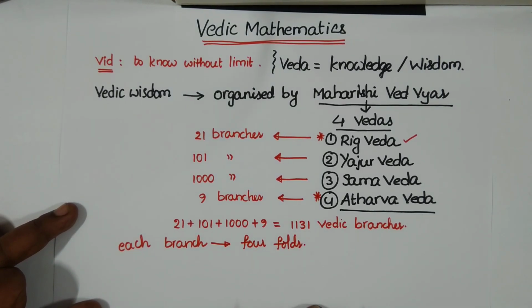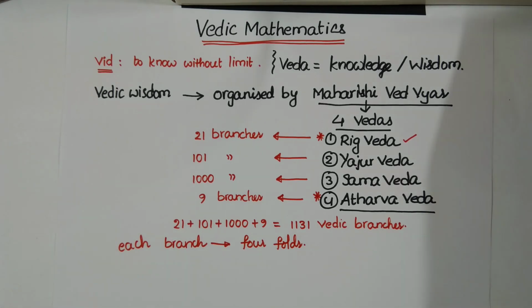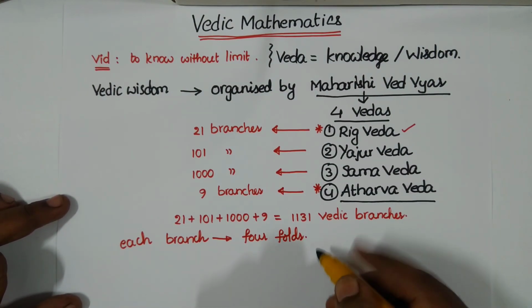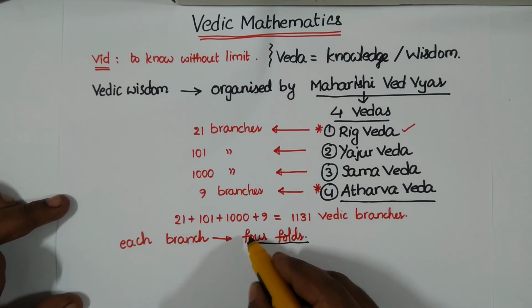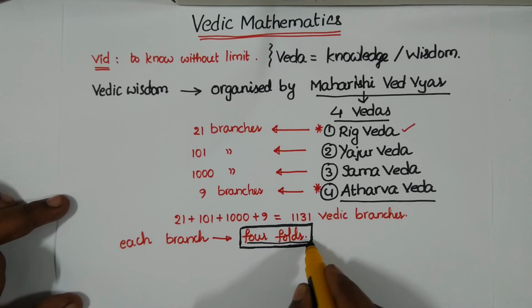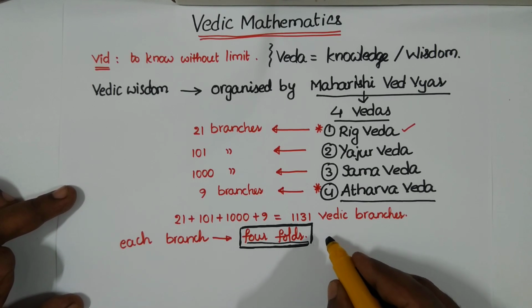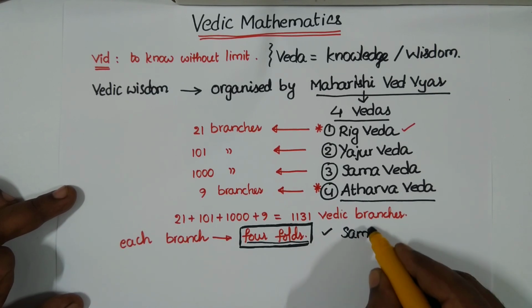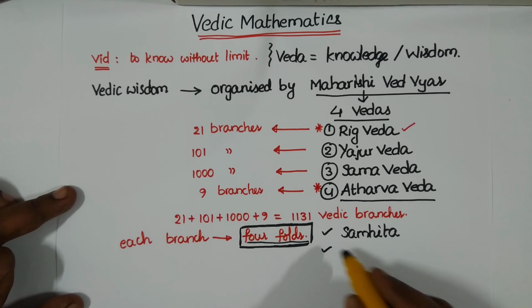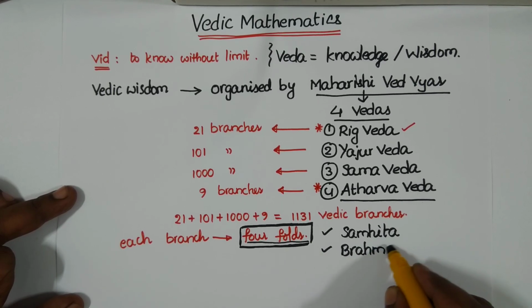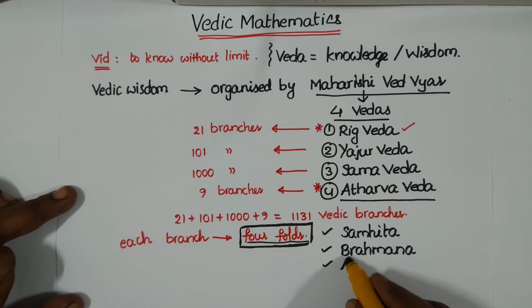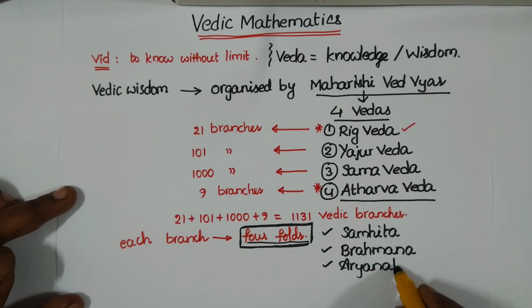And they are designated as Samhita, very, very interesting and important, Brahmana, and Aranyaka, and Upanishad. We are not going to deal with the history behind all these things.